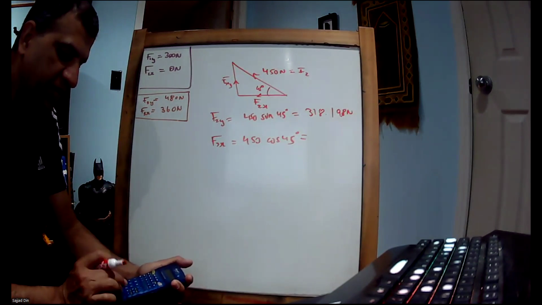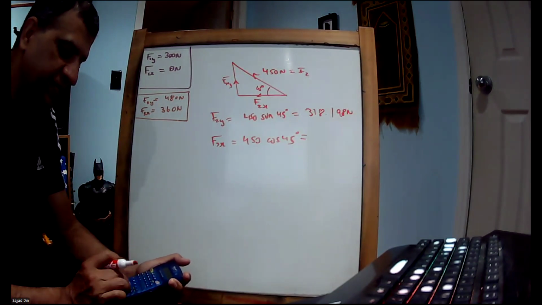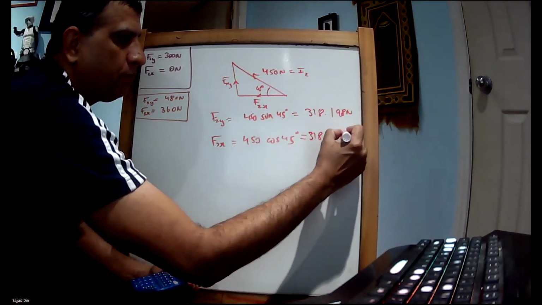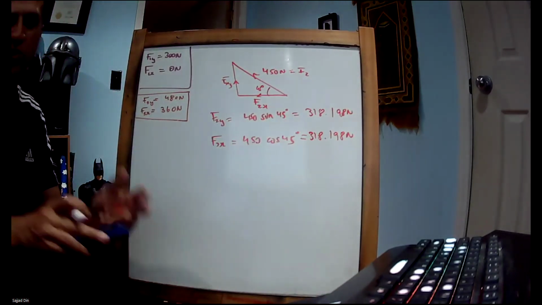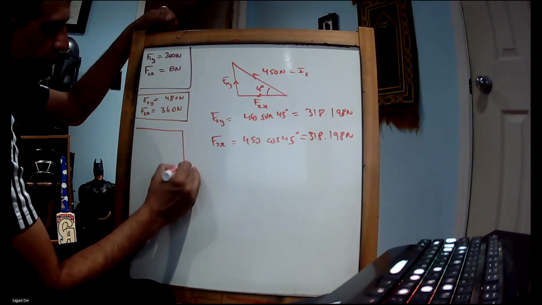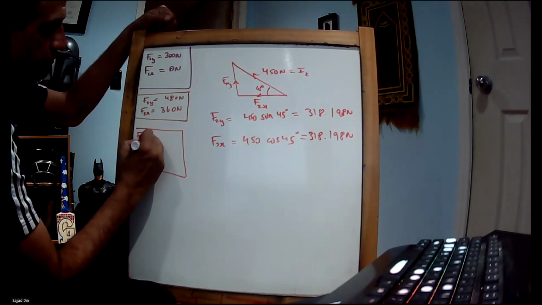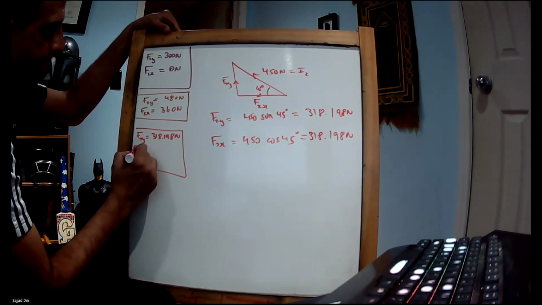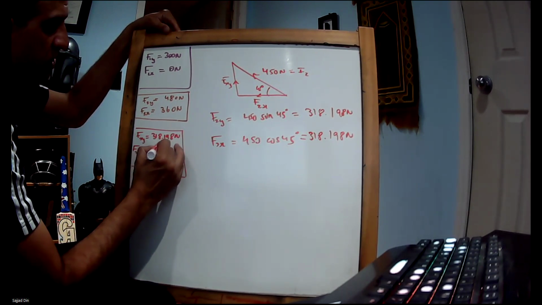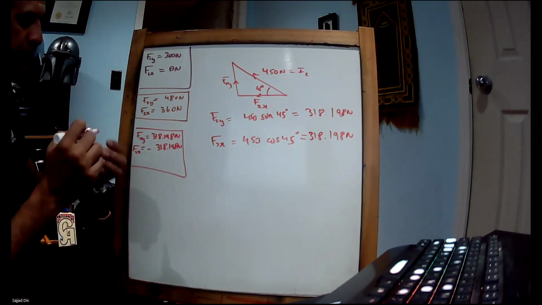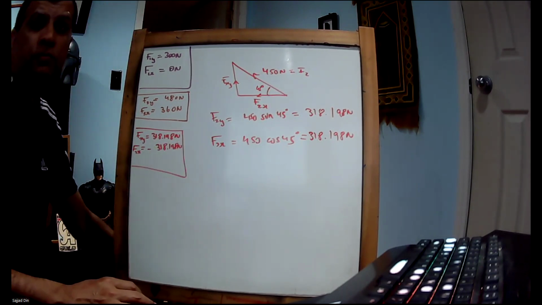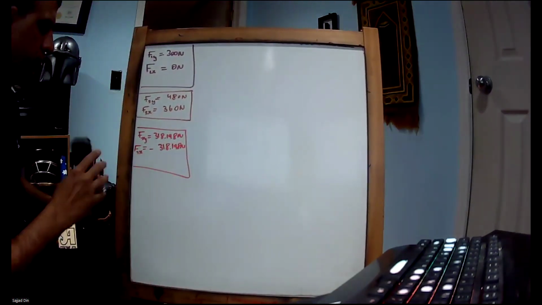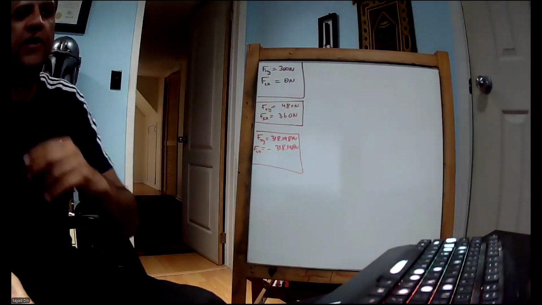It's going to be pretty much the same because cosine 45 and sine 45 are exactly the same. But F2x is in a negative direction, so we're going to have to make note of that. Minus 318.198 newtons. All right, so I'll give you guys a few minutes to try to finish that.